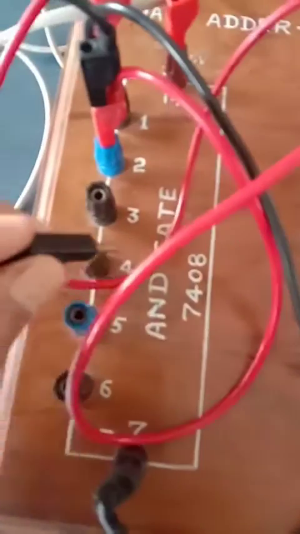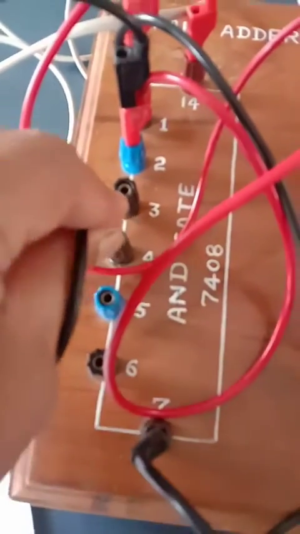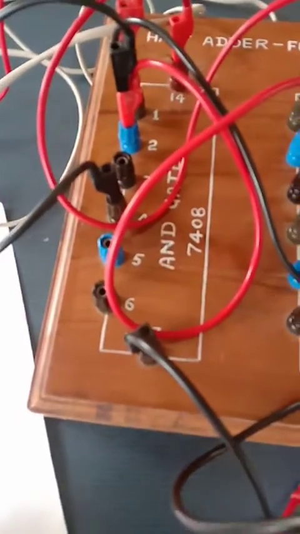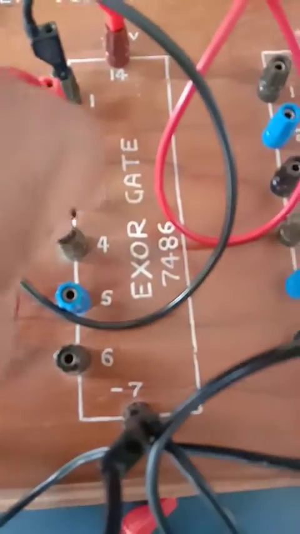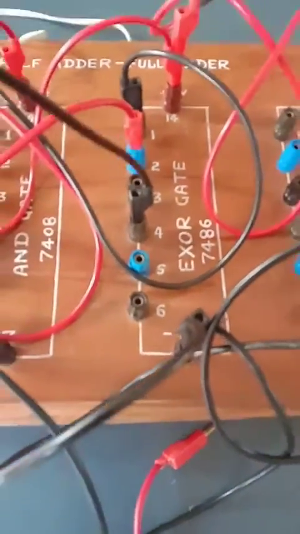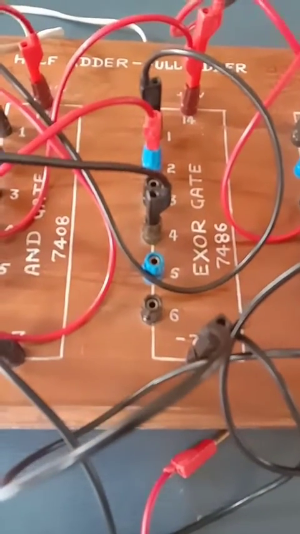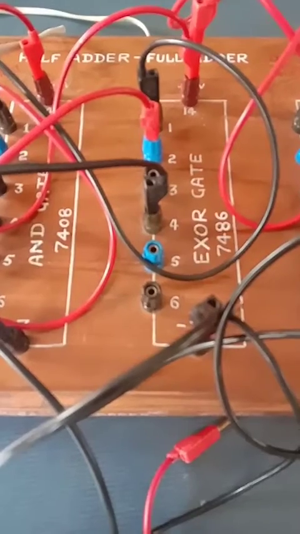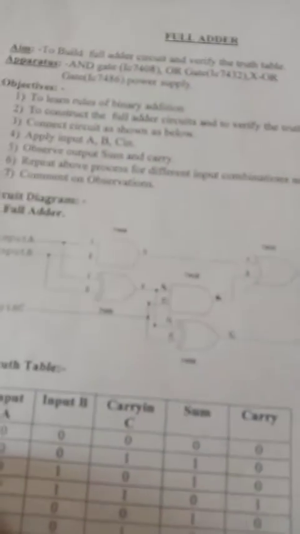See here, this is pin number 4 of the AND gate 7408, and this is pin number 4 of 7486, connected together. 4 and 4 are shorted and 5 and 5 are also to be shorted.